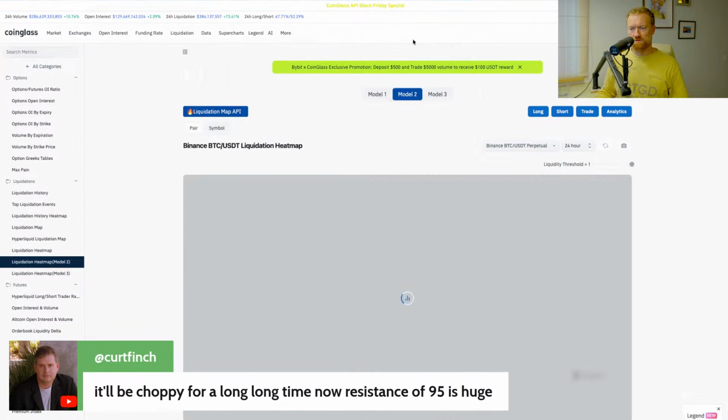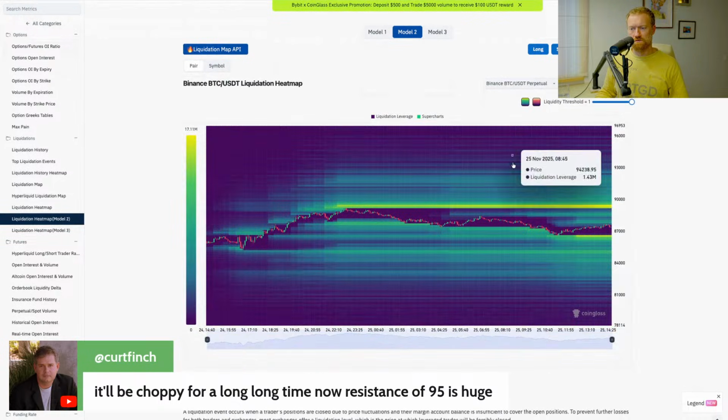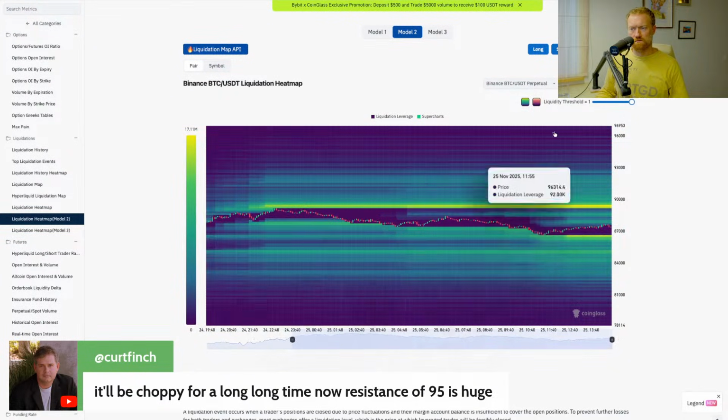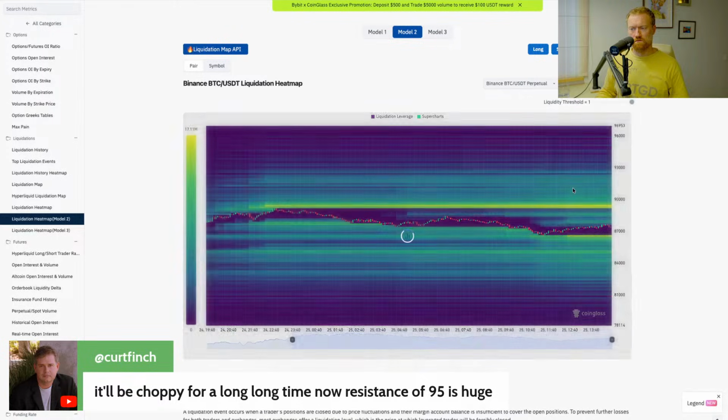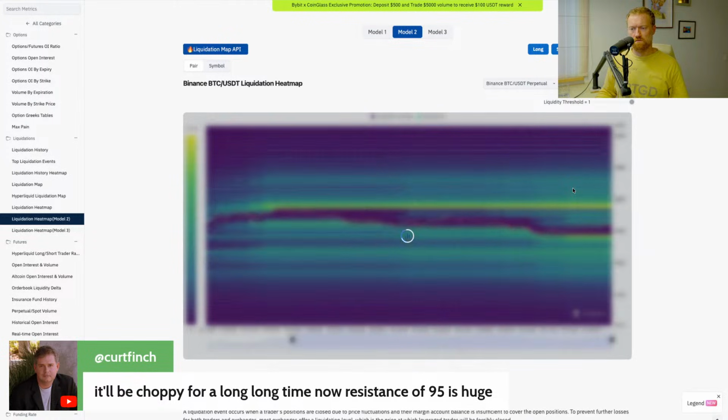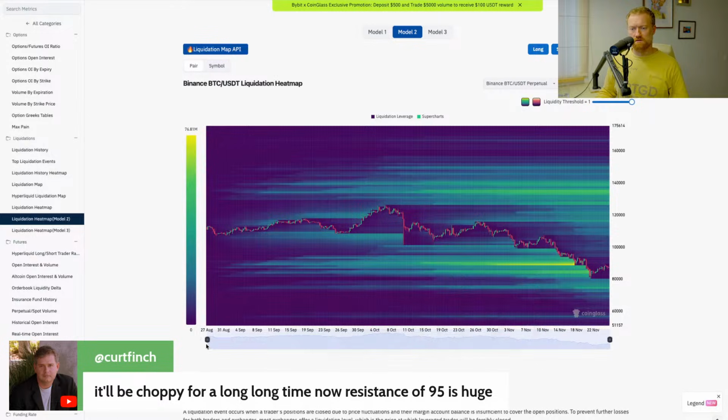What's this model 2? Like the longer frequencies.